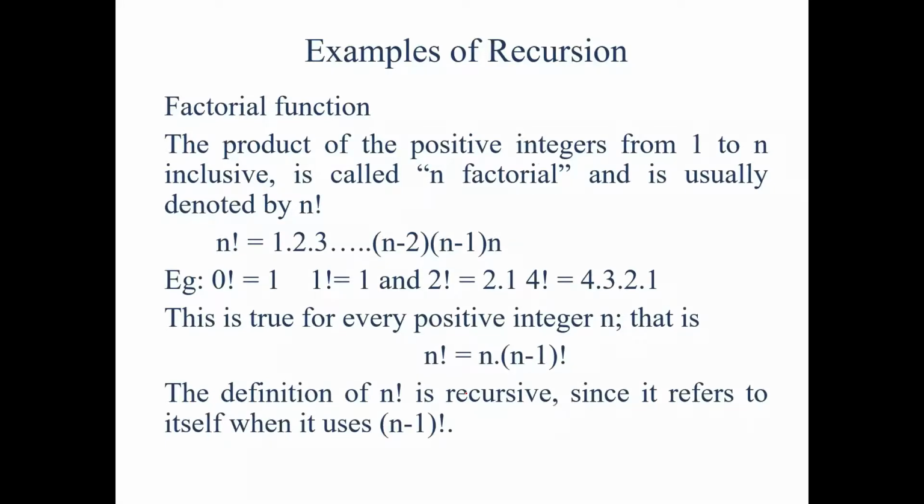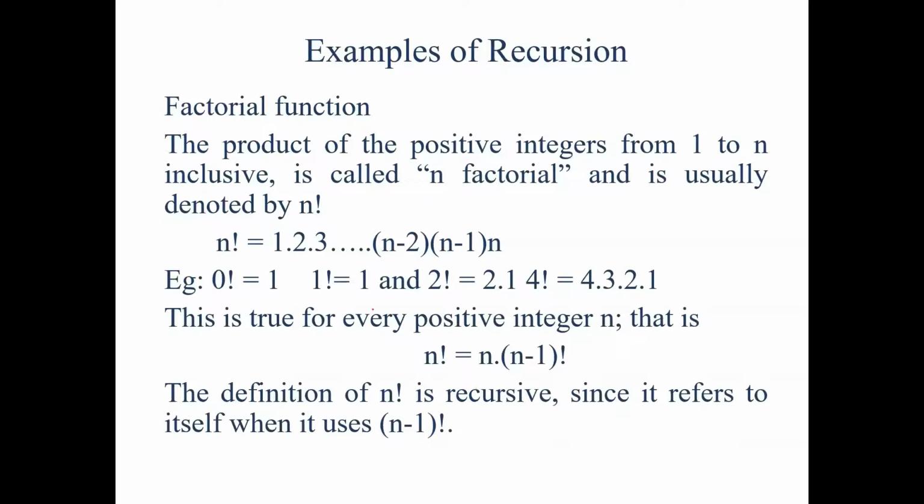Factorial, we know, we have executed the program also. What is factorial? Product of the positive integers from 1 to n, inclusive of n. So n factorial is the product of all the positive numbers from 1 to n, right?